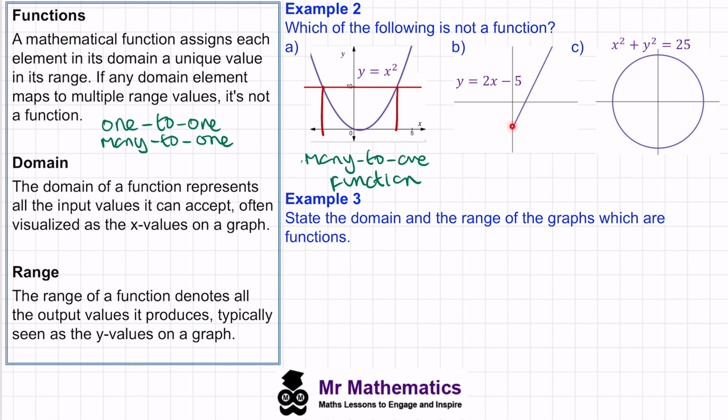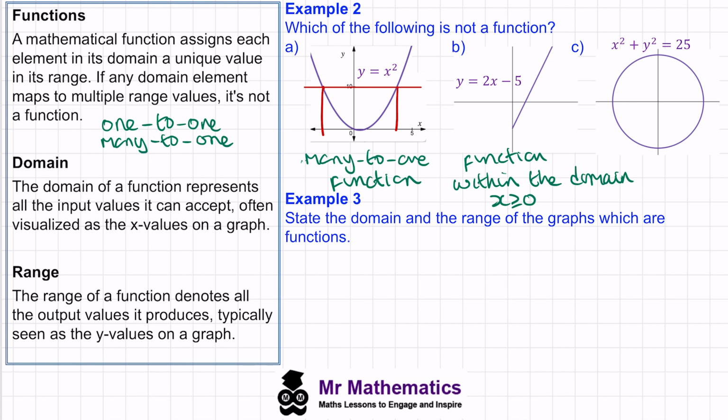So we need to define when it is a function. And if this is the x-axis, it becomes a function from this point onwards. So we can say it is a function within the domain x is greater than or equal to 0, because this is a one-to-one mapping.